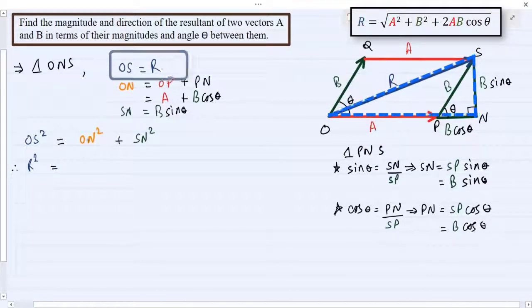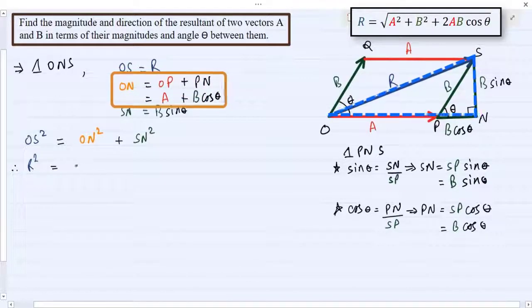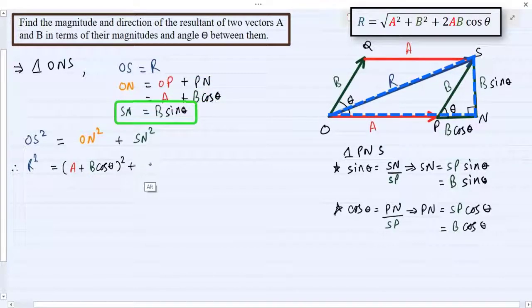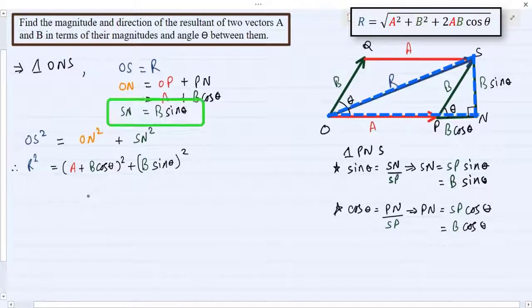In the first term of the right hand side, we have ON, which is equal to A plus B cos theta. So we have to write down the square of A plus B cos theta, plus SN is simply B sine theta, so we'll get B sine theta whole square.